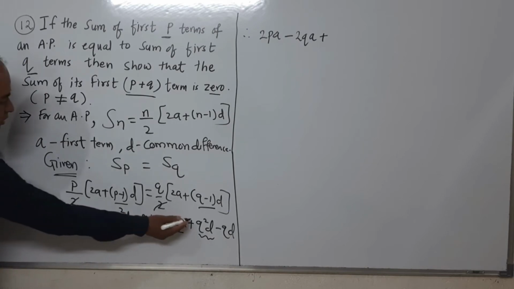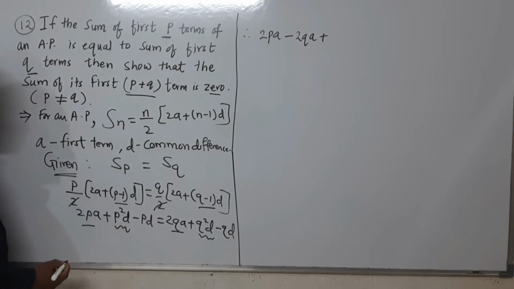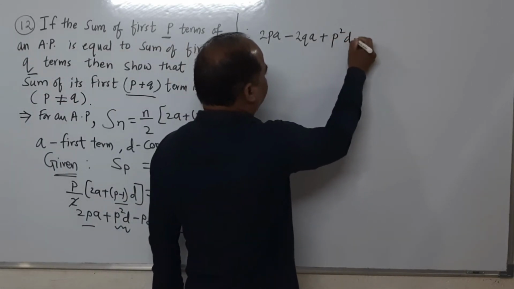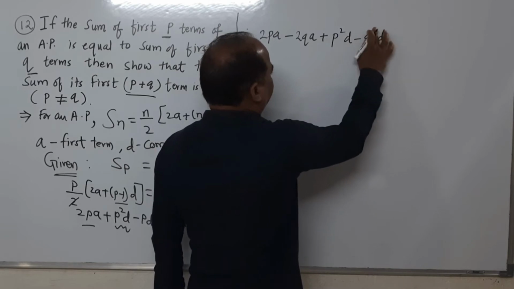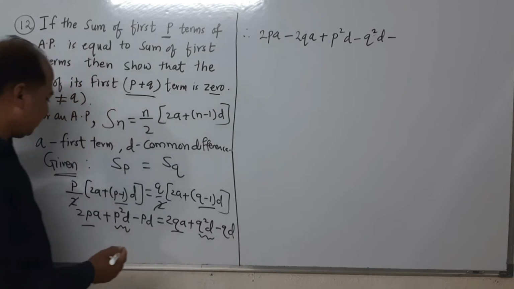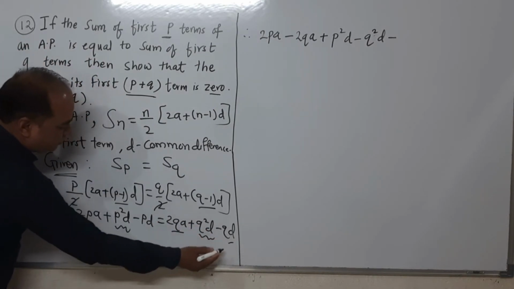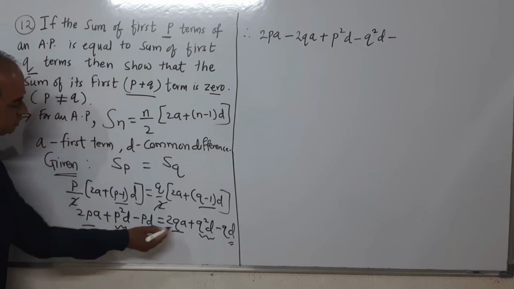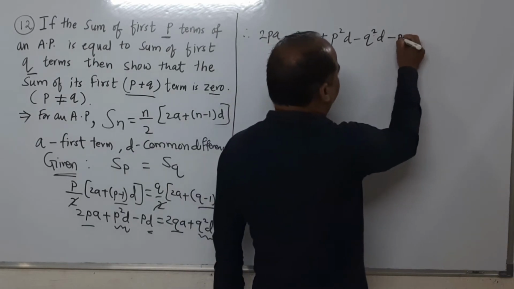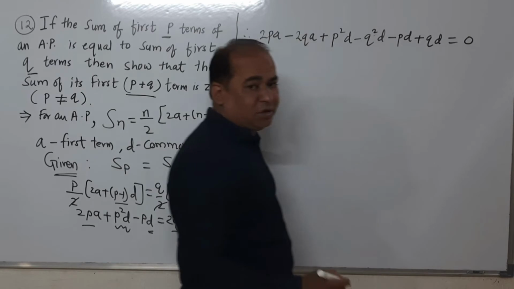So p square d, and plus q square d will come on the left hand side and become minus q square d. So p square d minus q square d on the left hand side. Next, minus pd and minus qd will come on the left hand side, these terms we take together. So minus pd plus qd is equal to 0.